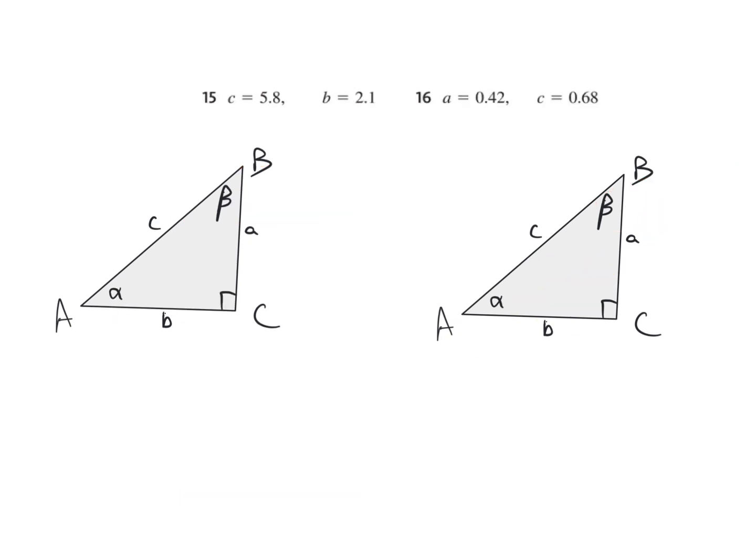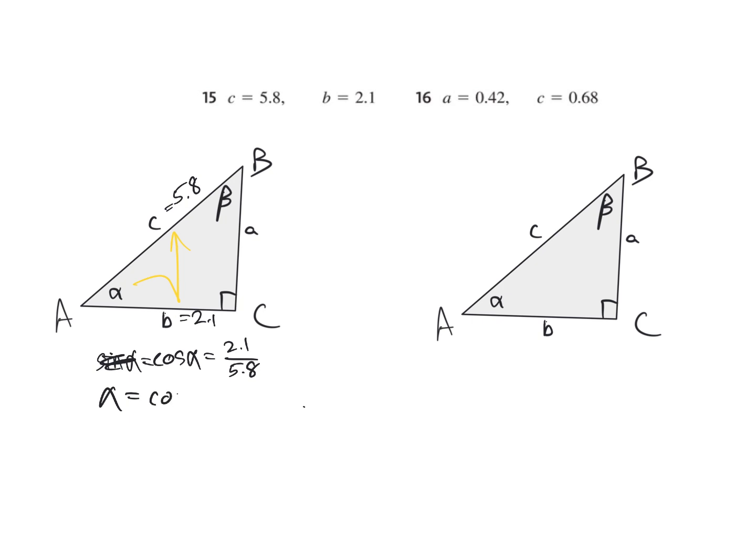All right, 15. C is 5.8, B is 2.1. Okay, so if we do alpha again, that's adjacent and hypotenuse. So we're going to do the sine of alpha, adjacent and hypotenuse would be cosine, sorry. So this should be cosine. Cosine of alpha is equal to the adjacent leg over the hypotenuse.